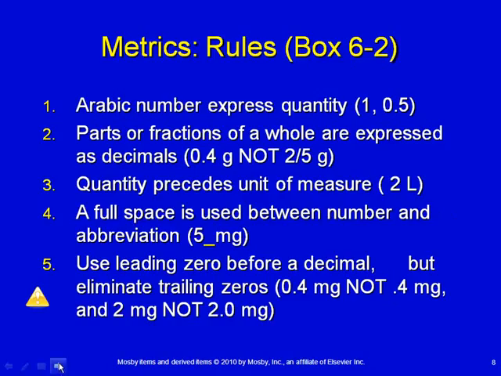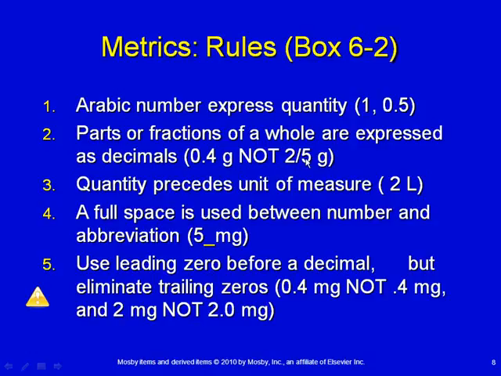Now with your rules, I've already told you that we express them as Arabic numbers, numerical value. We use decimals, not fractions. So if we have a fraction such as 2/5, we would divide 5 into 2 and get 0.4 grams.